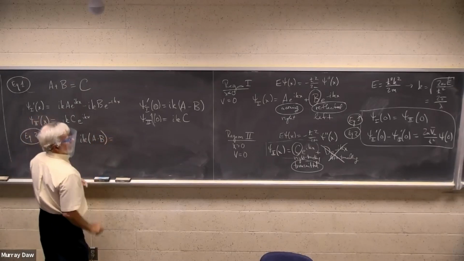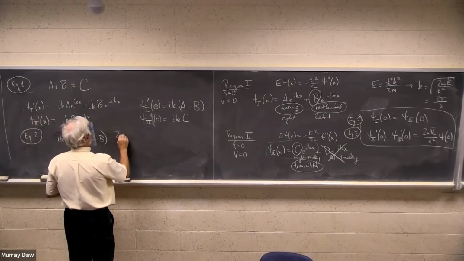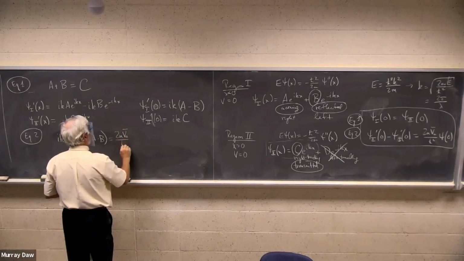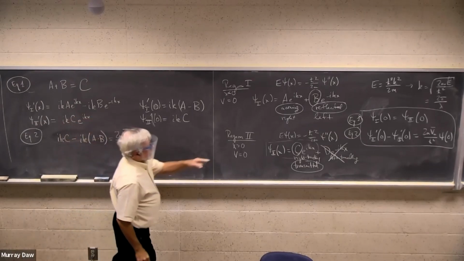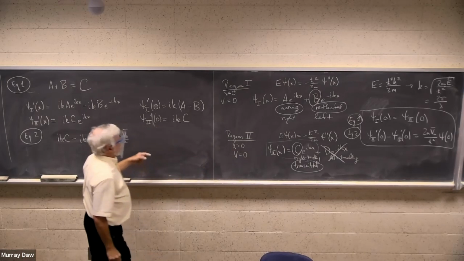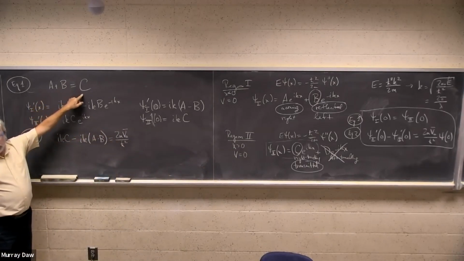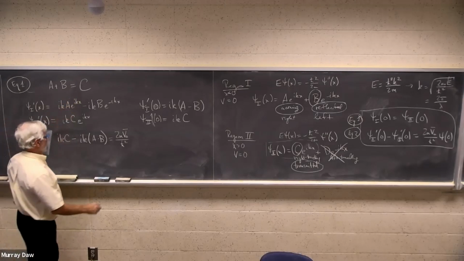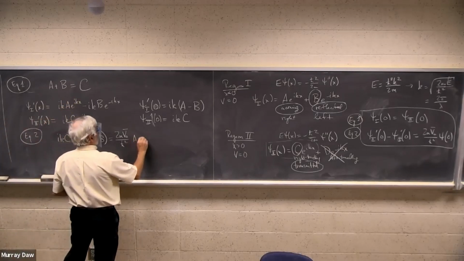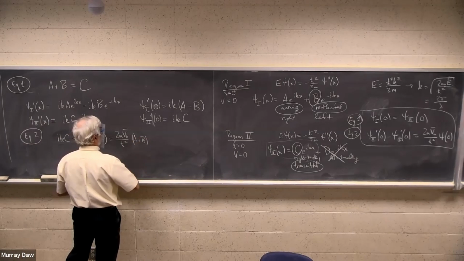And then this is going to be equal to 2m b naught bar over h bar squared times psi evaluated at 0, and we can use either A plus B or C, doesn't matter. It's going to be equal to each other.